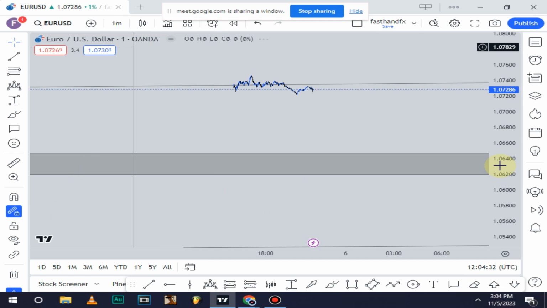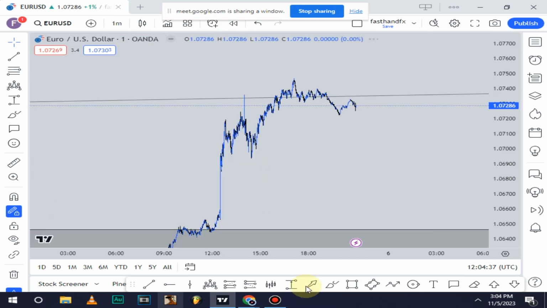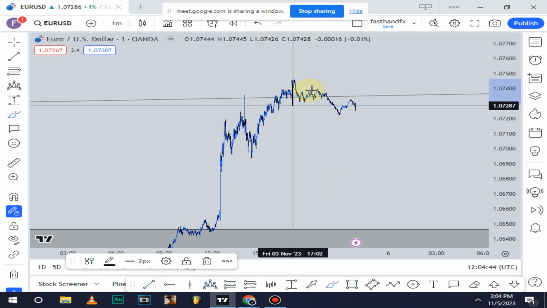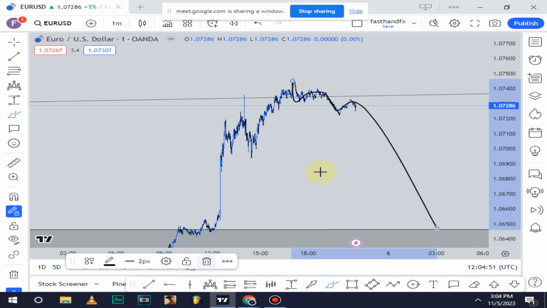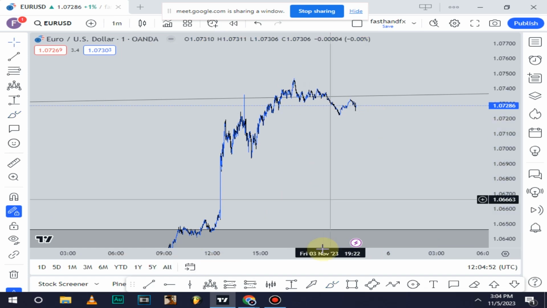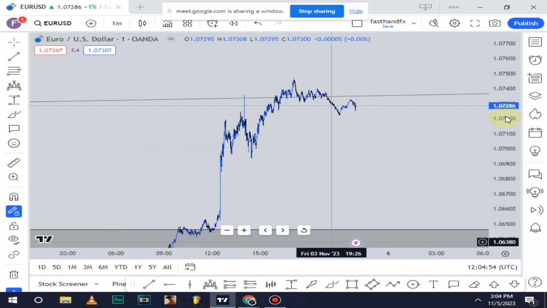Wait, I'm seeing a continuation pattern at the 1 minute right here, because there's an impulse correction. Guess what? That's confirmed for the scalpers. Scalpers know what to do.